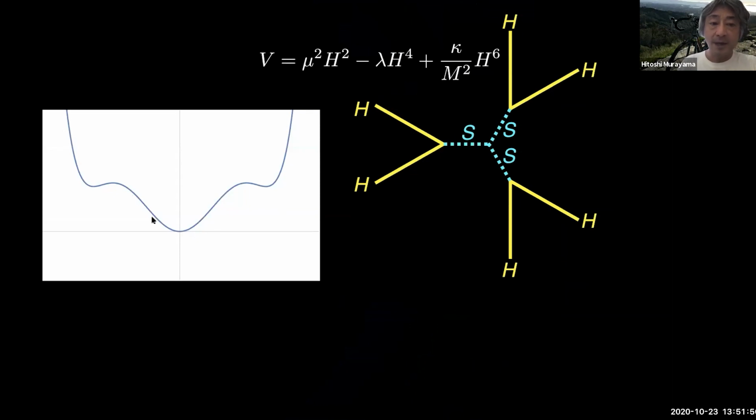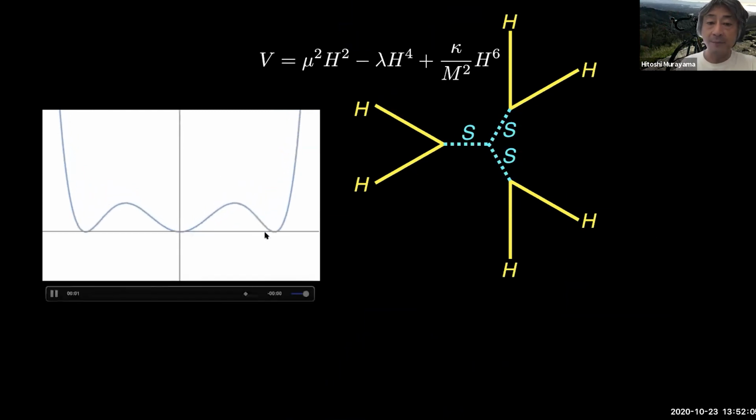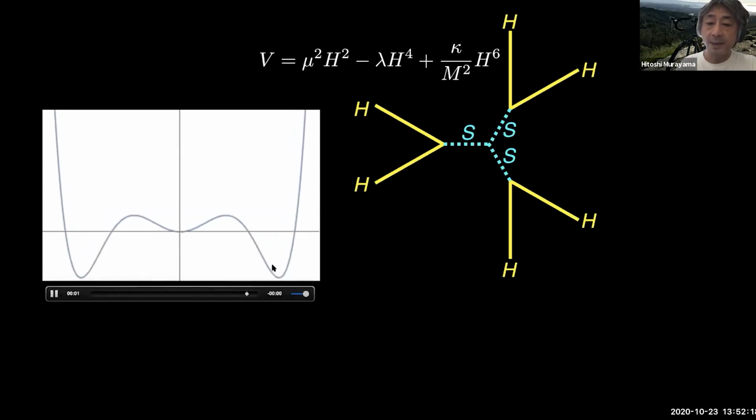Suppose you have some kind of potential or free energy of a certain order parameter, so that you have a minimum at the origin at high temperature. But the potential has a particular shape such that as the temperature comes down, at some point it develops a second minimum. And once you have the second minimum, what used to be here, you can tunnel quantum mechanically from this minimum to that minimum, which ends up being the absolute minimum at the lower temperature.